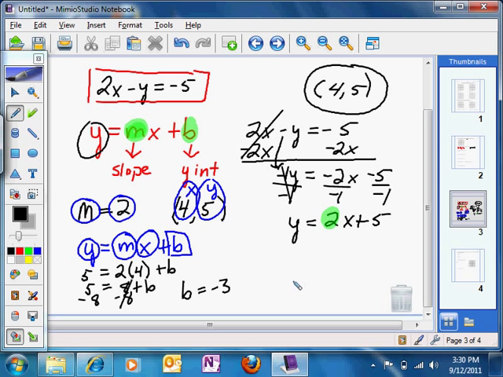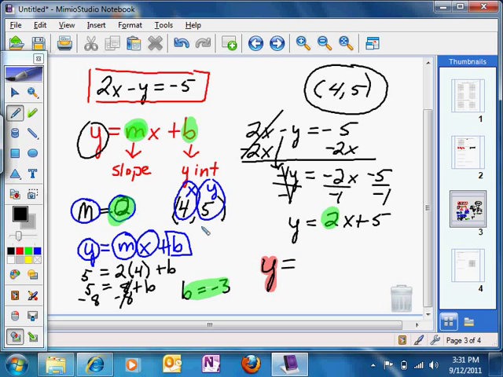So far, I can write an equation in slope-intercept form because I have my m, my slope, which is 2, and I have my y-intercept, b. That's what I need to write y equals mx plus b, right?